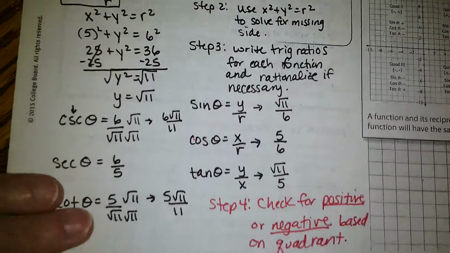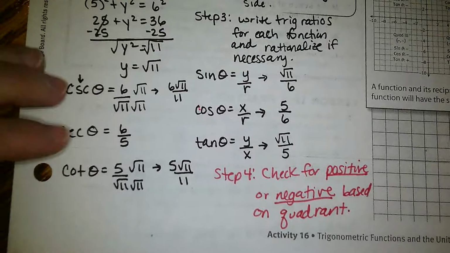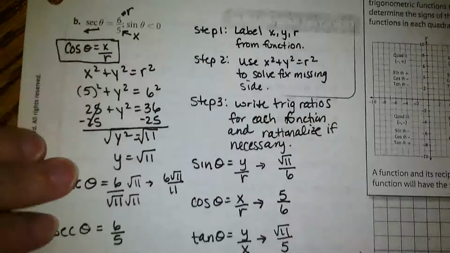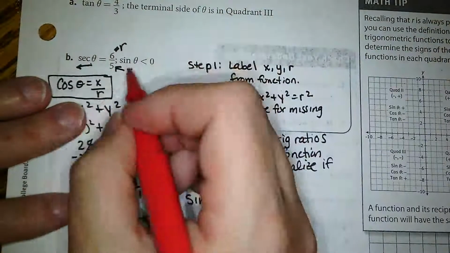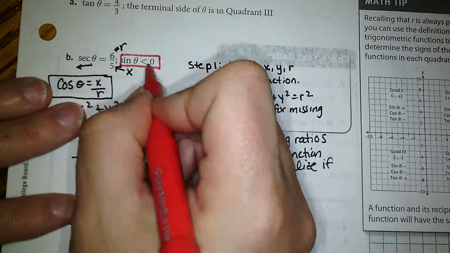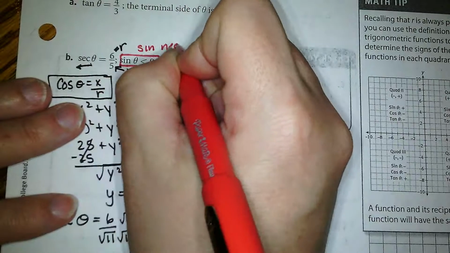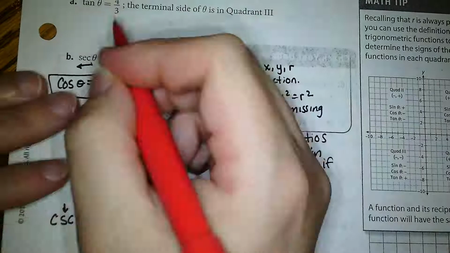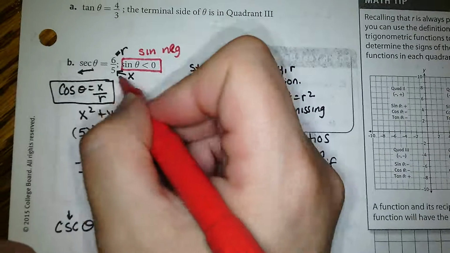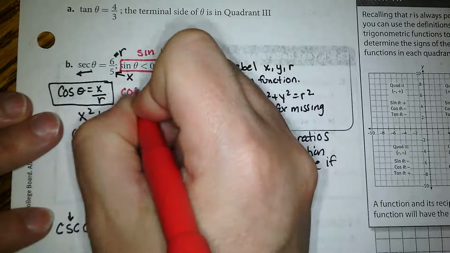Now here's what we need to know. We need to go back and reread the question. Now it tells us here, this part, this says that sine theta is less than 0, so that means sine is negative. The secant that they give us is positive, which means cosine is positive.